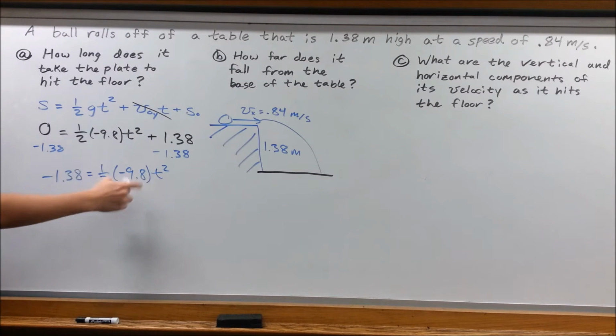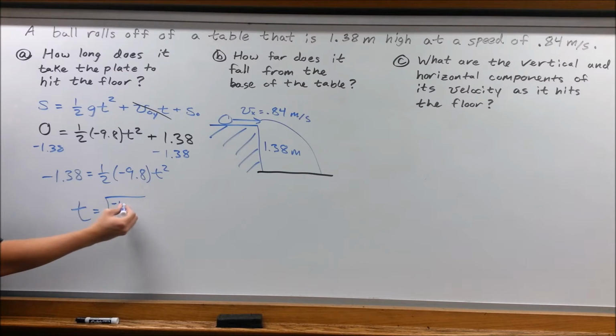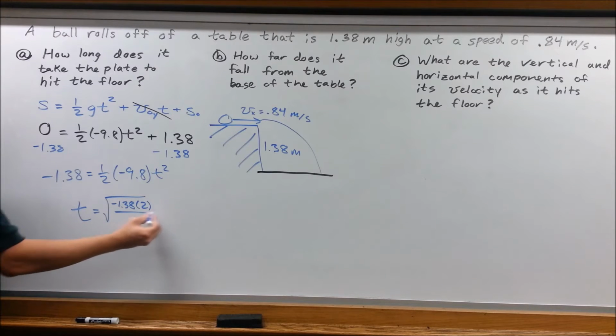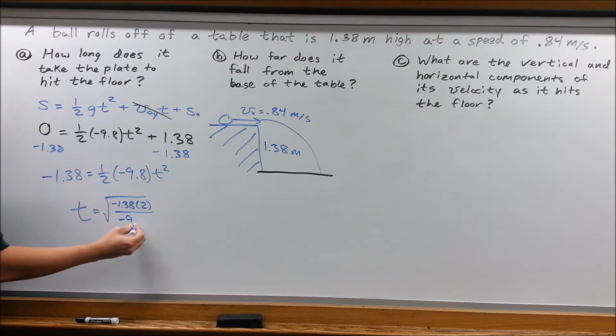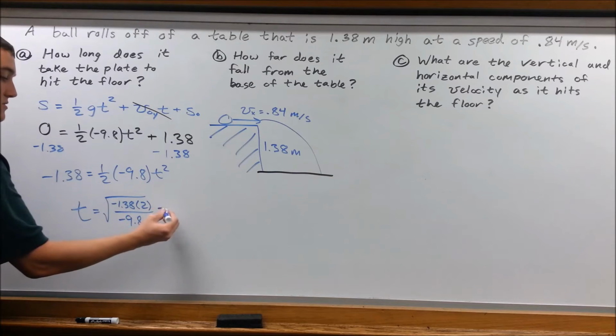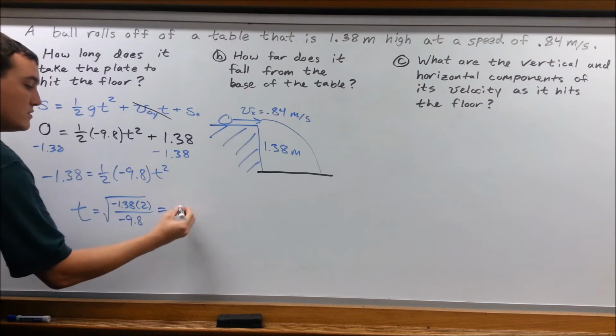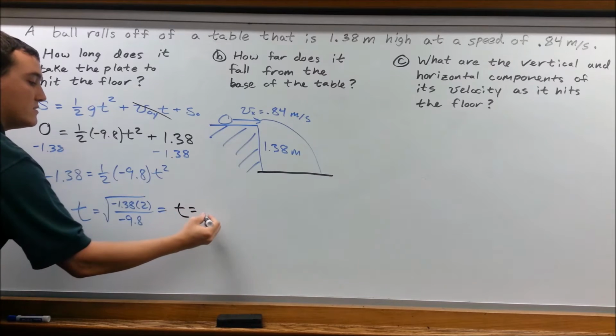So therefore, if we divide and take the square root, we get t equals square root of negative 1.38 times 2 divided by negative 9.8. So luckily our negatives cancel out and we can actually get an answer to this. So our final answer, time equals 0.53 seconds. That's the time it takes to hit the ground.